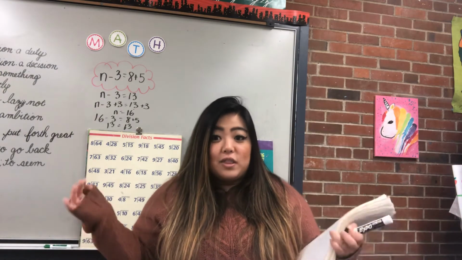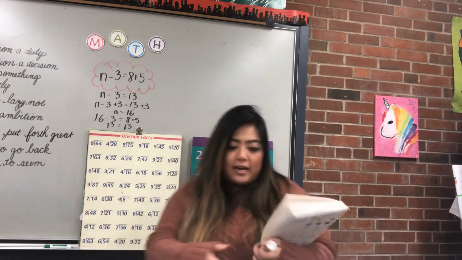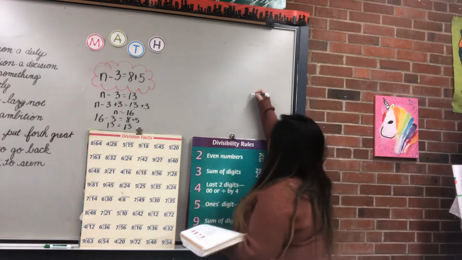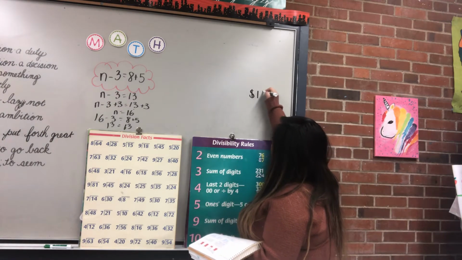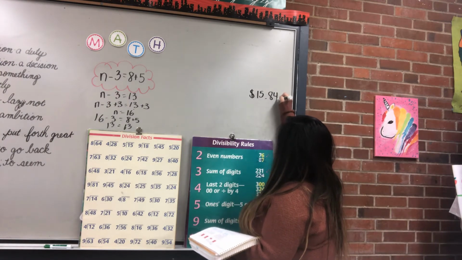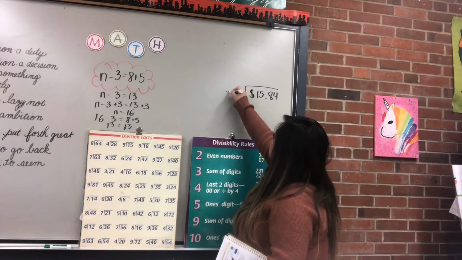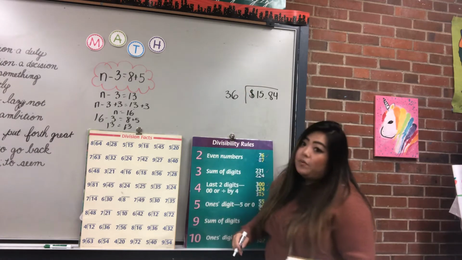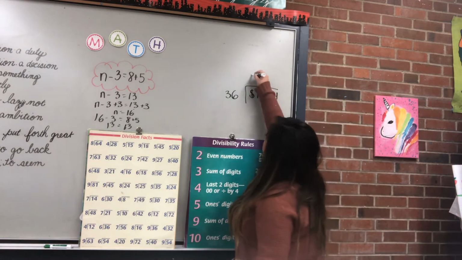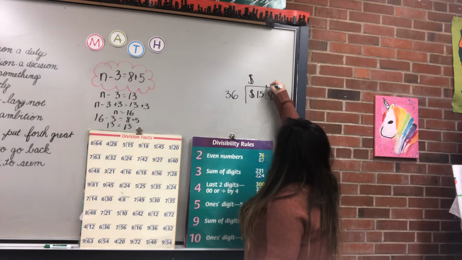And if we're having 36, we need to divide. So we're going to take $15.84 divided by 36. Right away, put your dollar sign right above and your decimal point right above.